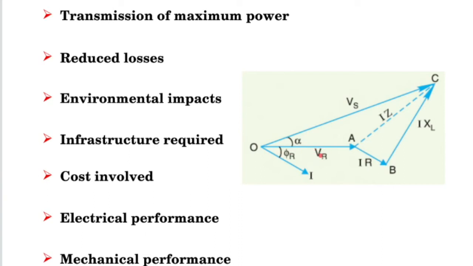The reason is there are voltage drops taking place in the conductor because of its resistance and its inductance. R and XL are causing the IR drop and the IXL drop. I is the current flowing through the conductor, and the IR drop and IXL drop give you a combination which is impedance.